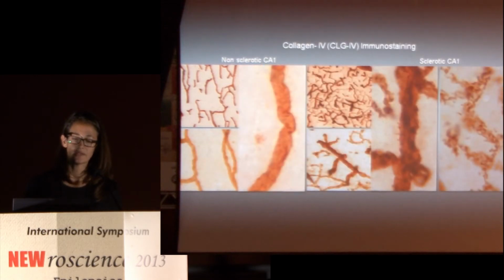When we study these blood vessels at higher magnification, this is the control tissue here, and this is the sclerotic tissue, and we could find alterations in the stained blood vessels. We found an abnormal surface in the blood vessels, like protrusions, and we also found positive structures like reticular structures, and we couldn't be sure whether they were blood vessels or not.